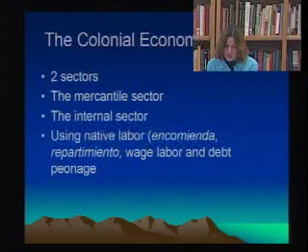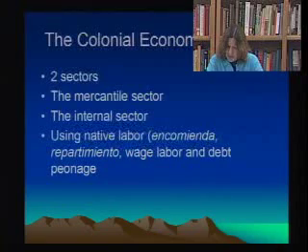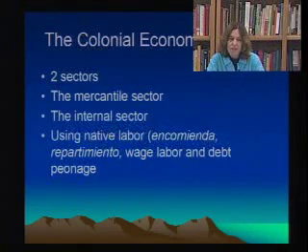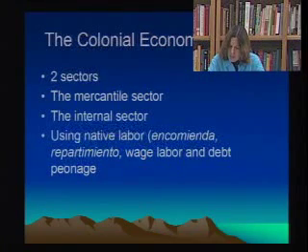The mercantile sector of the economy was that part of the colonial economy that was oriented toward Europe and based on capital. That is, it is oriented towards Europe, and it's based on capital or money.